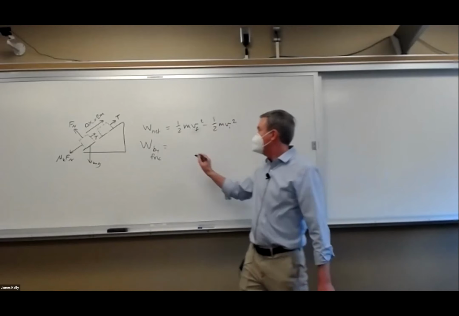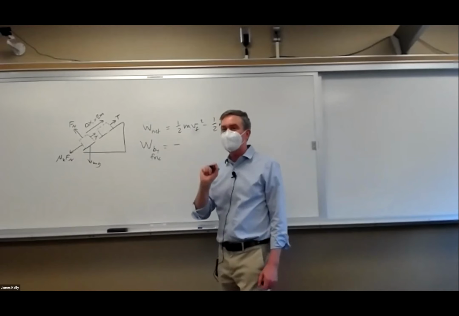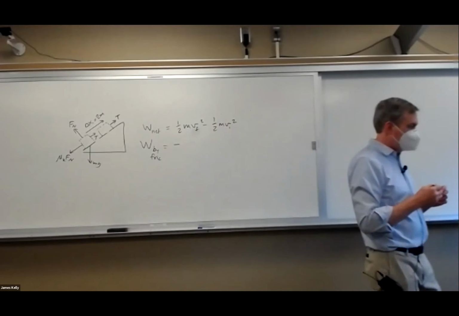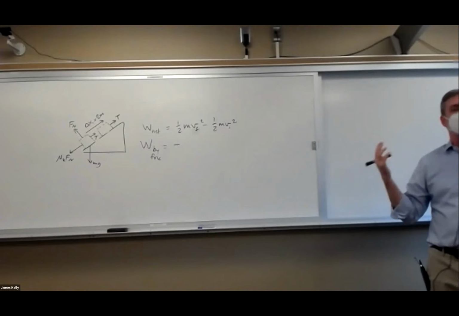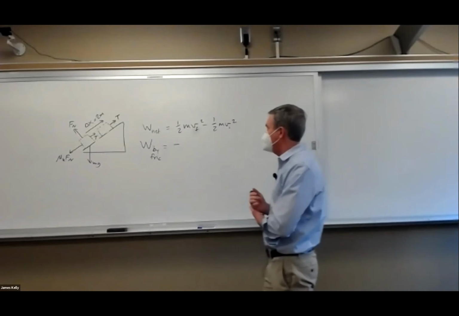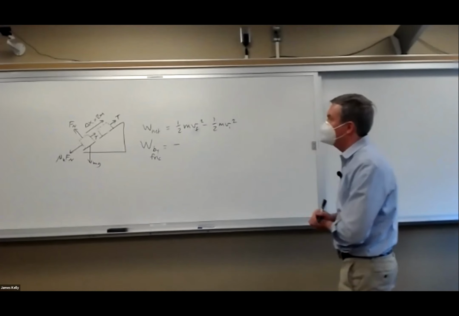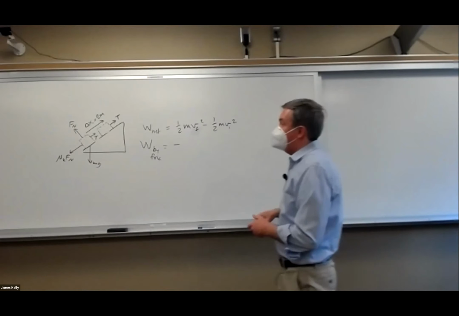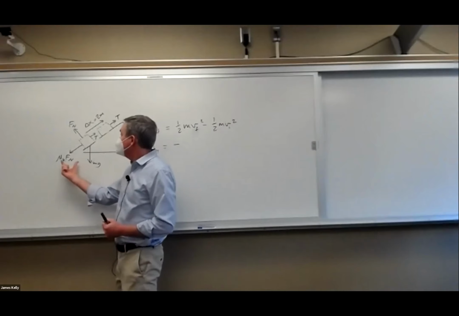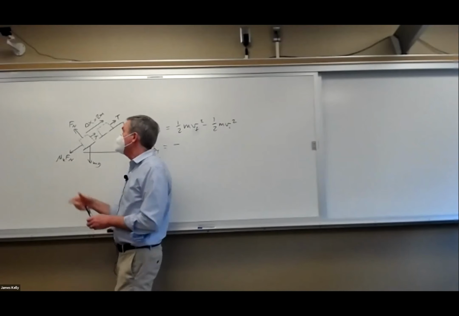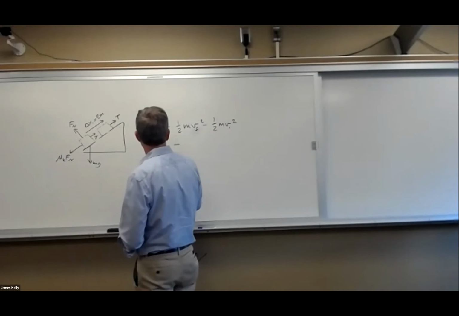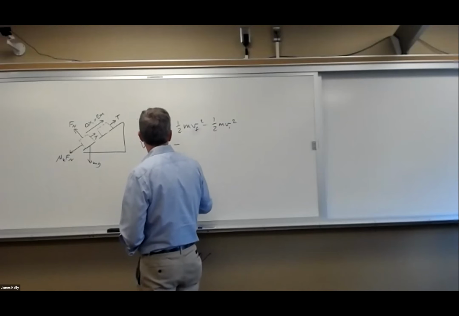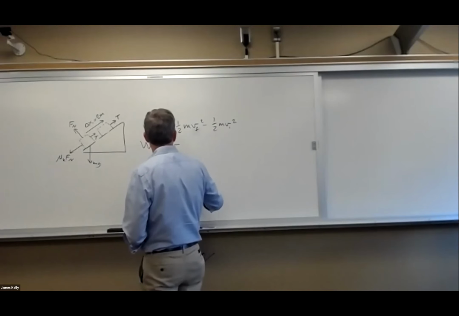It's definitely going to be negative, so it doesn't hurt to put that minus sign there just to remind me in case I end up calculating the magnitude of the work or something like that, just so I don't forget it later on. All right, so now what I need is the magnitude of the friction force, right? So the general formula we're going to use is calculate the x component of the force times delta x.